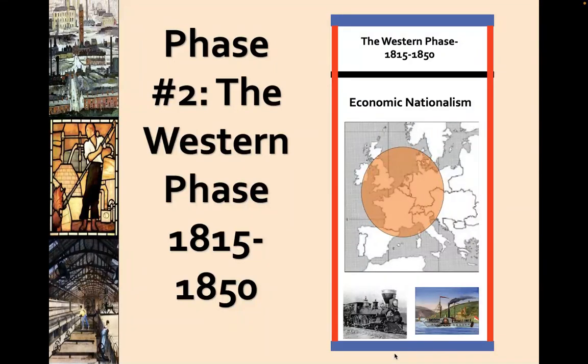You see better steam engines, the development of railroads and steamships, and probably the biggest change is that, due to the competition with Great Britain and the idea of economic nationalism, governments are more involved and are going to promote different industries that allow these Western nations in Western Europe and the United States to essentially be successful.